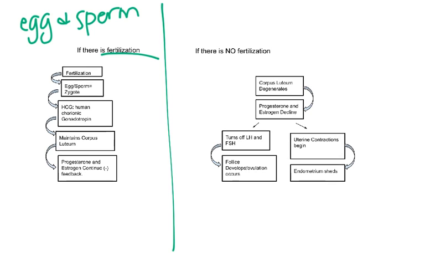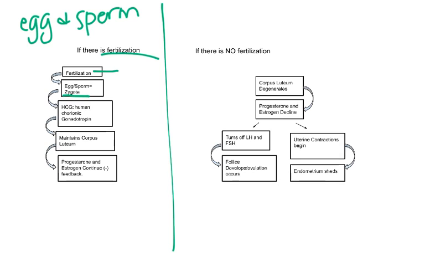So when we have that egg and sperm unite, the term that is used is fertilization. Fertilization will then produce a structure called a zygote. That zygote is now embedded into that endometrial wall, which will produce HCG, your human chorionic gonadotropin.